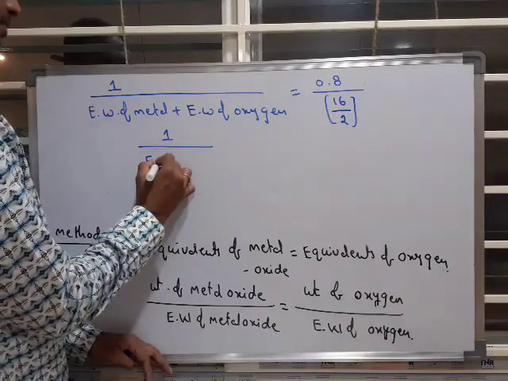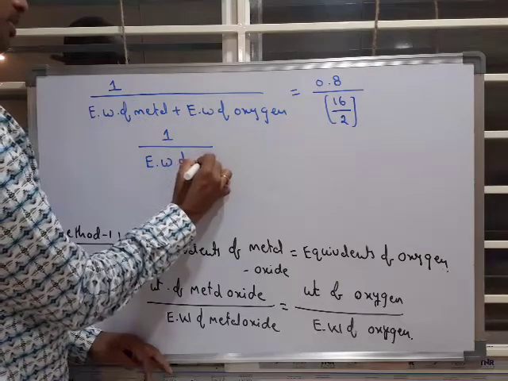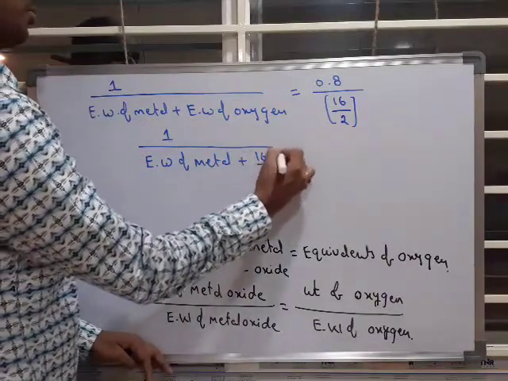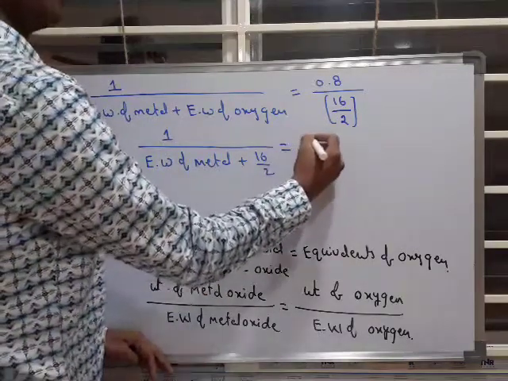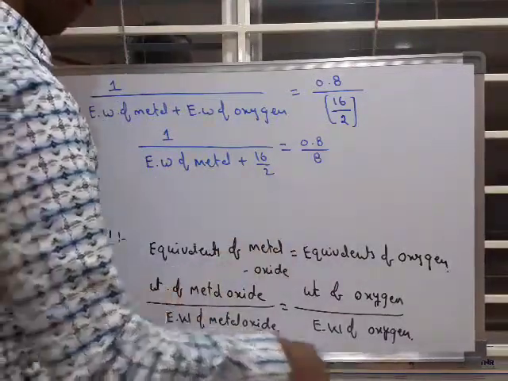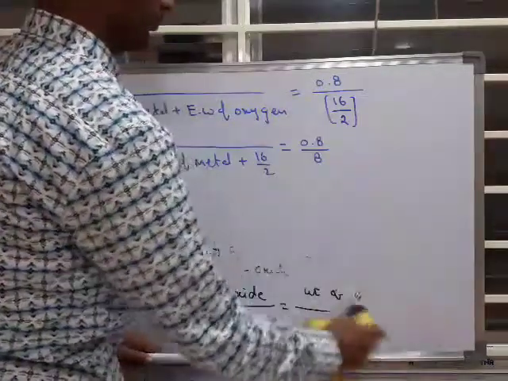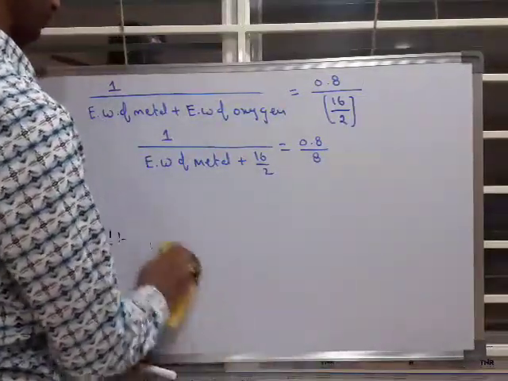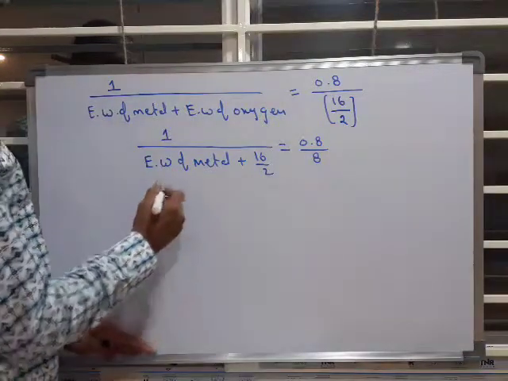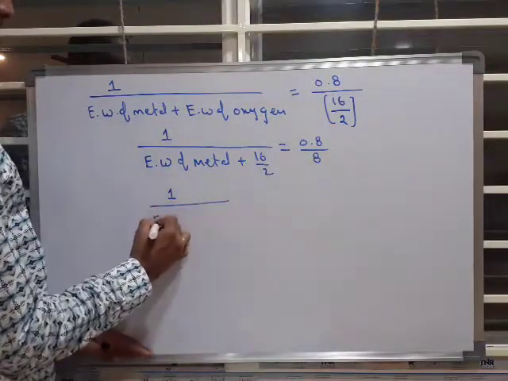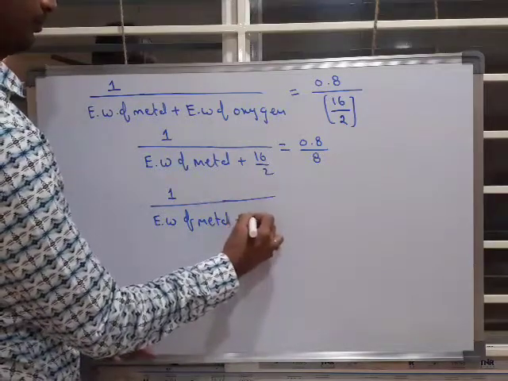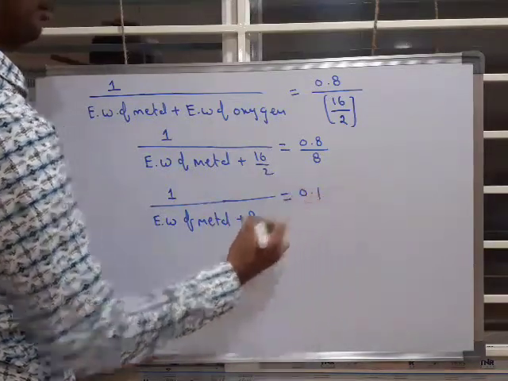Okay, I am writing totally the equivalent weight of metal plus 16 by 2. Total we will get that only. It is 0.1.